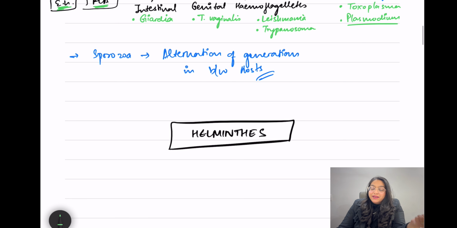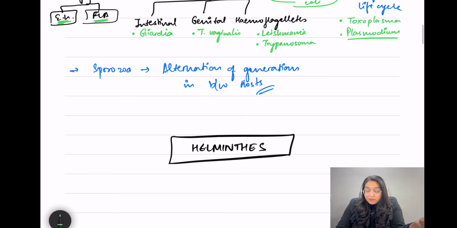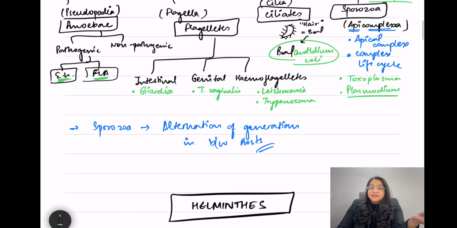Amongst amoeba, remember Entamoeba histolytica and free-living amoeba. Amongst flagellates, remember intestinal flagellates, T. vaginalis, and Leishmania and Trypanosoma, which are hemoflagellates. Amongst the ciliates, just remember one example: cilia, hair, bal, Balantidium coli. And amongst sporozoa, remember the epicomplexan parasites such as Toxoplasma and Plasmodium.